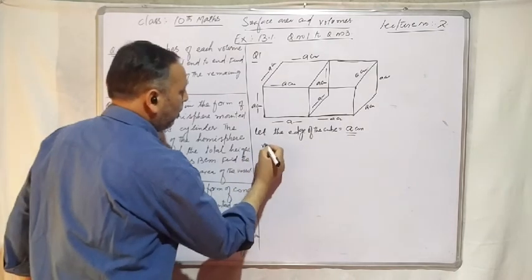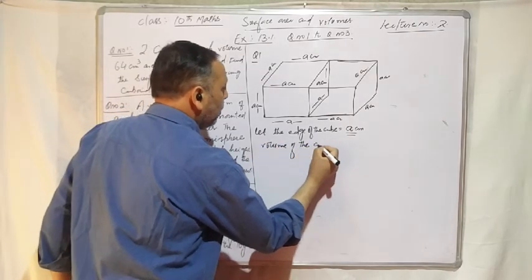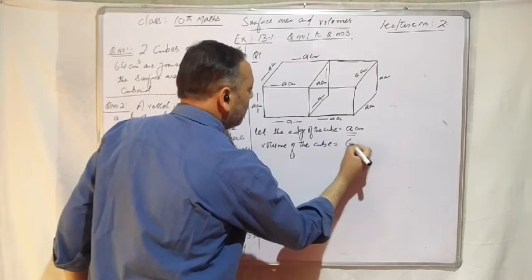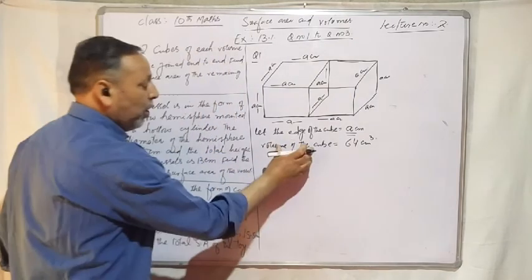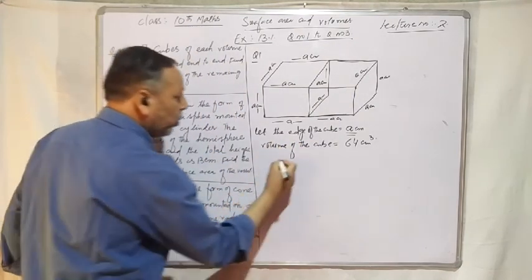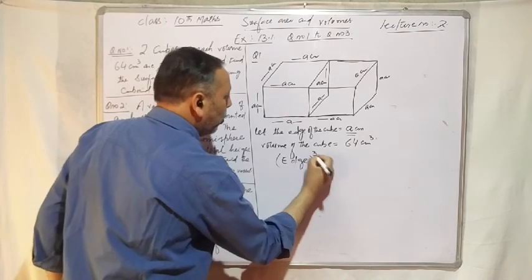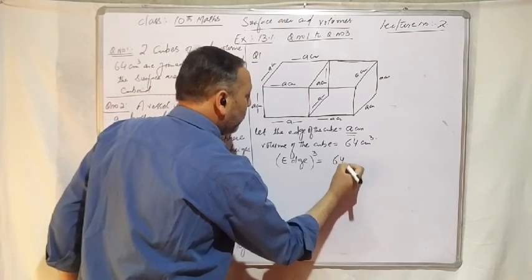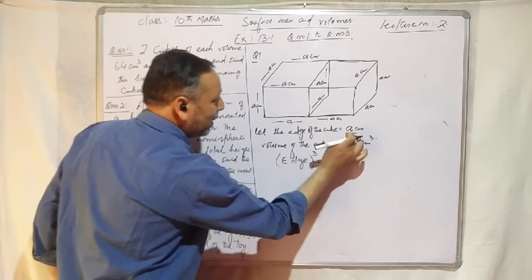Now, the volume of the cube is given to be 64 cubic centimeters. We know that the volume of a cube is edge cubed.